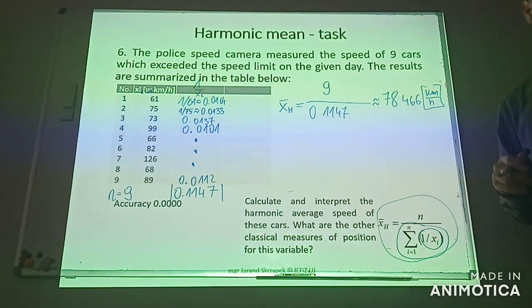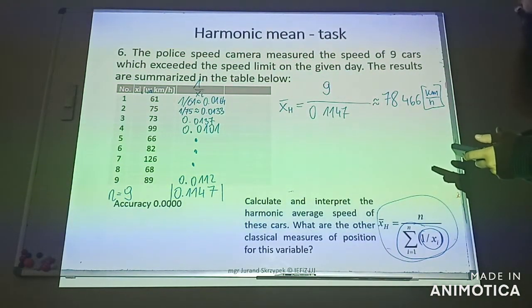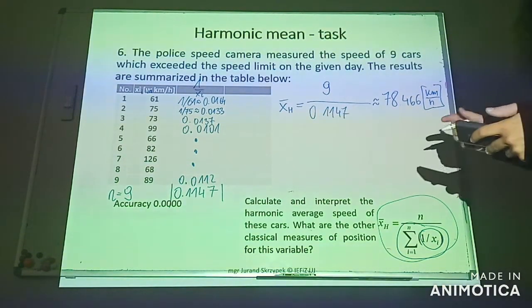This is the average speed of cars which exceeded the speed limit.